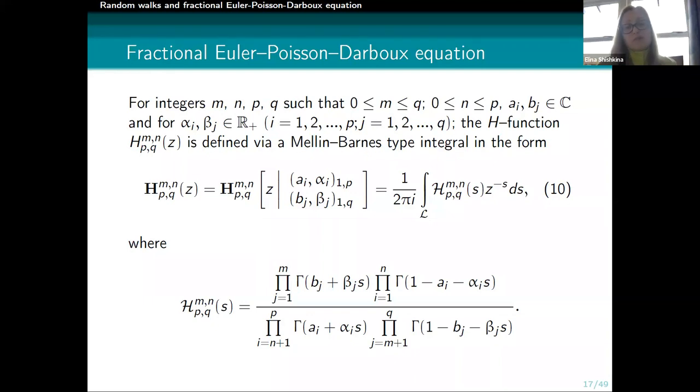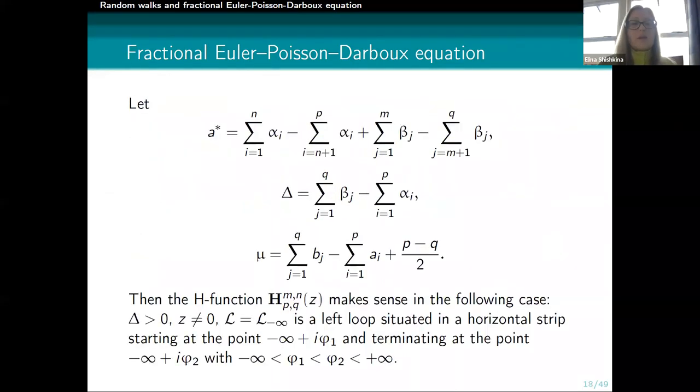The H function is quite a serious function. For example, it can be presented as a Mellin-Barnes type integral, and in the general case it can be presented only as such an integral, but in some cases, for some b, beta, a, and alpha, it can be presented as a series. Here I would like to present only one series of conditions when this H function makes sense.